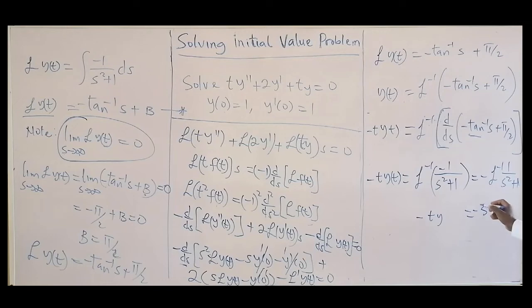So the minus can cancel out, and y is equal to sine t over t. So that's the solution. So y of t is that solution. Don't forget that the inverse of 1 over s squared plus 1 will give you sine t.